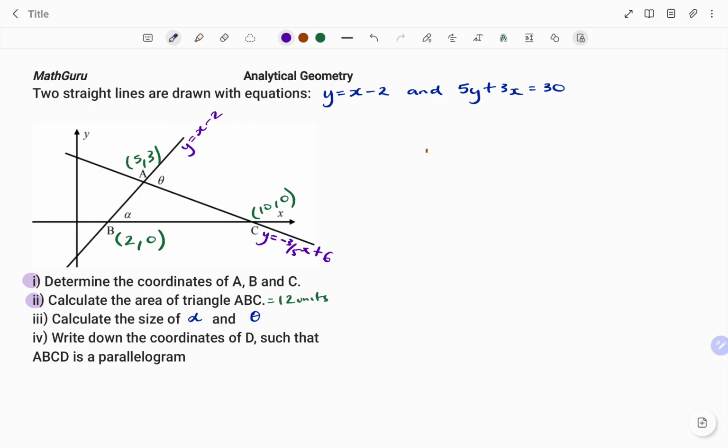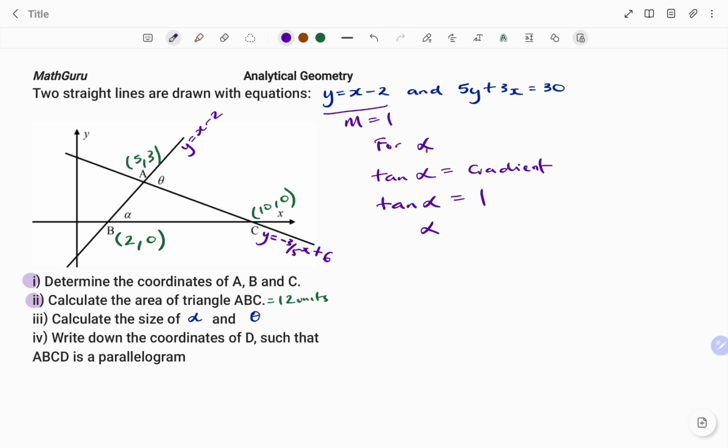Starting with alpha, to find the angle of inclination, we have tan of alpha is equal to the gradient of the line. And if you go back to the equation, we've been told that y equals x minus 2, that's the equation of the line, and the gradient would be the coefficient of x. In this case, m of that line equals 1. So therefore, if I rewrite that, I have tan of alpha equals the gradient, which is 1.